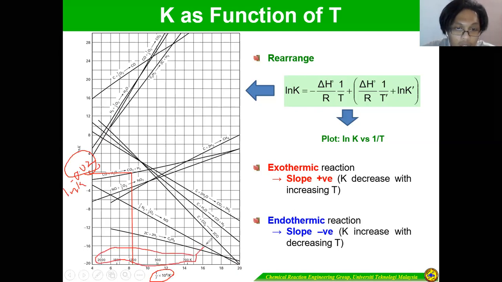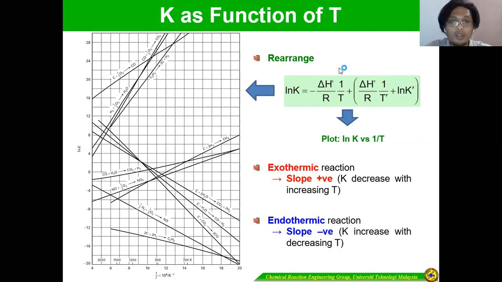So this graph has all the equations of all reactions. You can refer to this graph, it is available in the textbook.